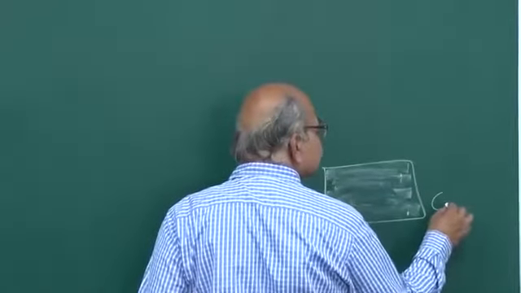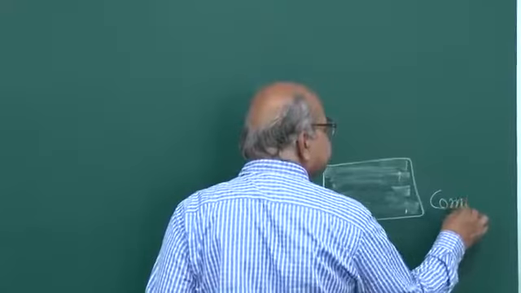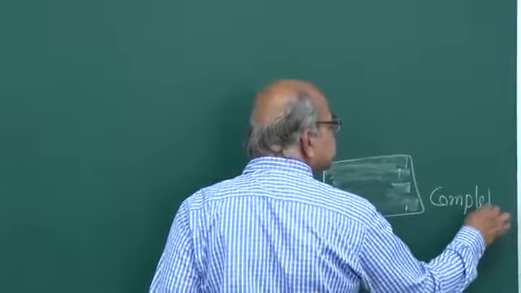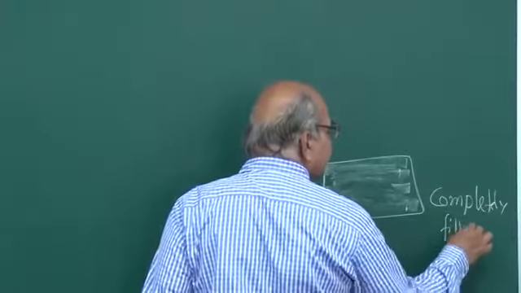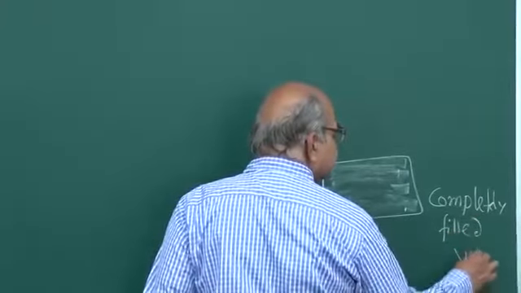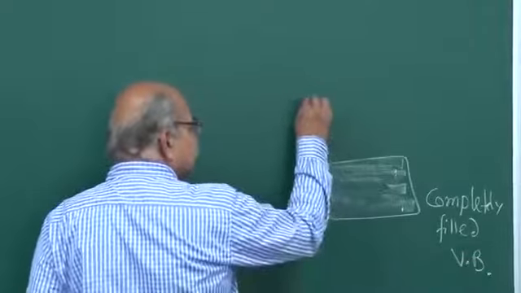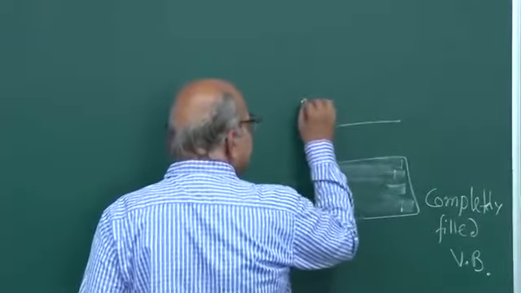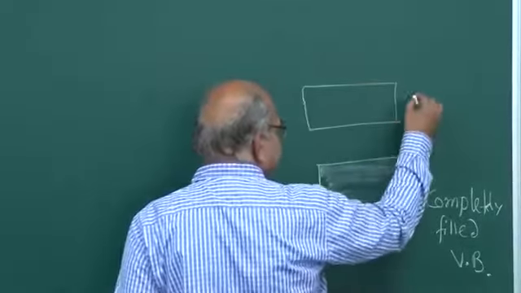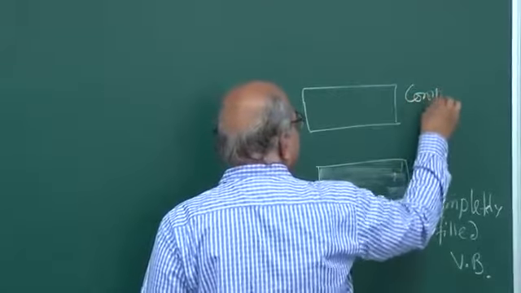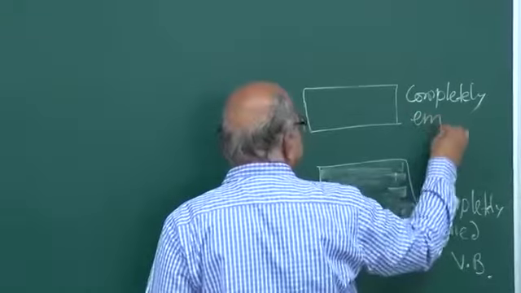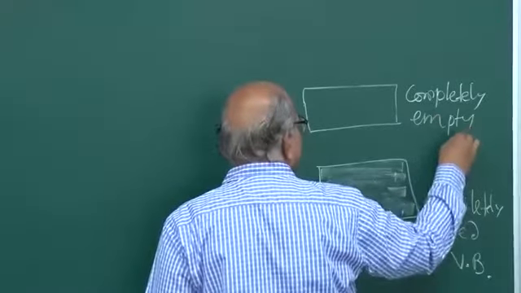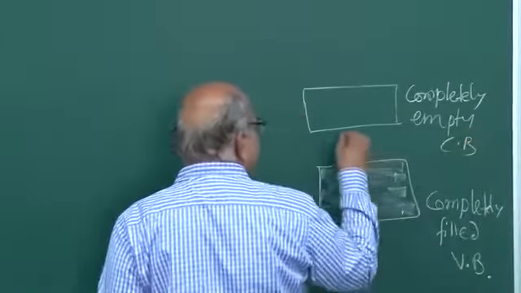So, this is completely filled valence band, and then you have a completely empty conduction band, with a gap Eg.